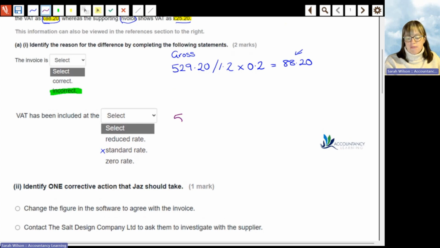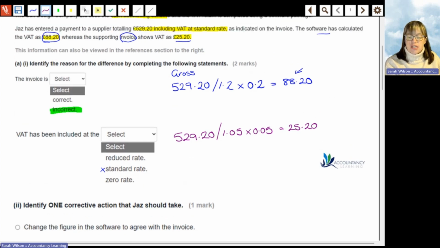So we can do the same calculation, but this time we will divide it by 1.05 because our reduced rate of VAT is 5%. So either divide it by 105 or divide it by 1.05. And then we can times it by 5%. And that gives us 25.20, which then matches the amount that's on the invoice.